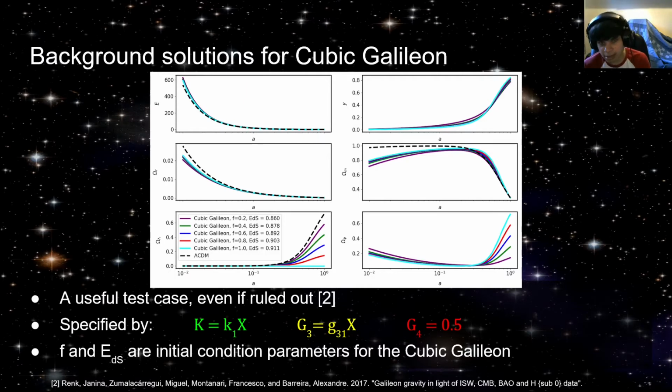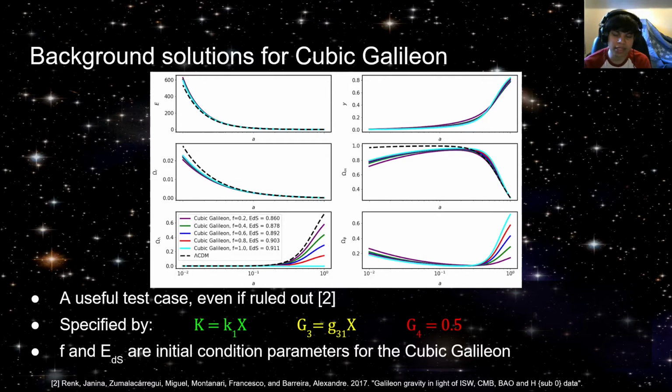And here in this plot I'm showing what the background looks like, the expansion history, for a cubic Galilean with different initial conditions. That's why there are a number of colored curves, and the black dashed line is lambda CDM for reference.